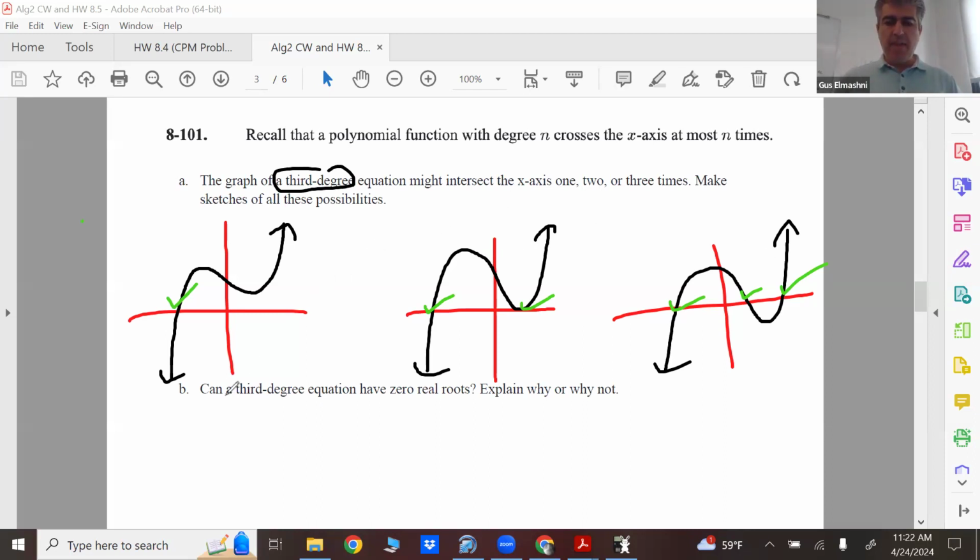And then, can a 3rd degree equation have 0 real roots? The answer is no. That's because imaginary roots come in pairs.